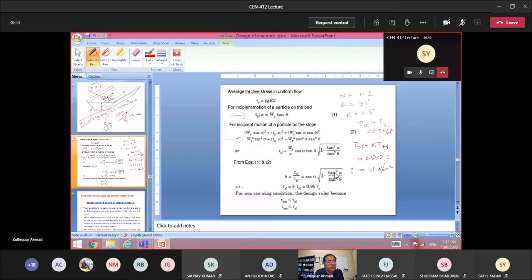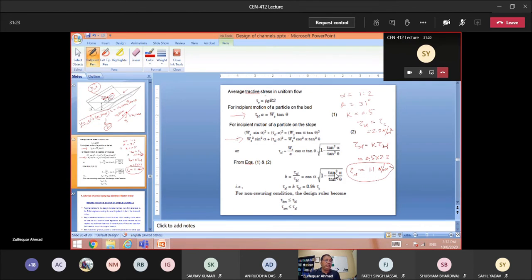Now, what conclusion can we draw from here? Even though the sediment particles on the bed are stable, the sediment particles on the side are not stable, because the shear stress is coming just half.